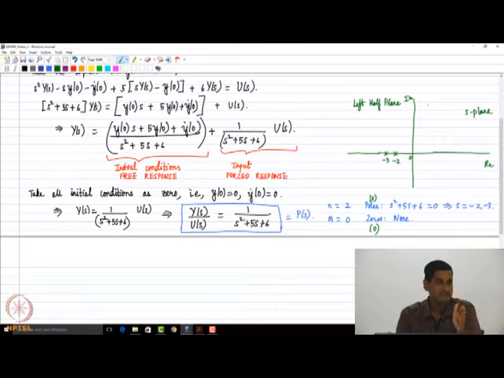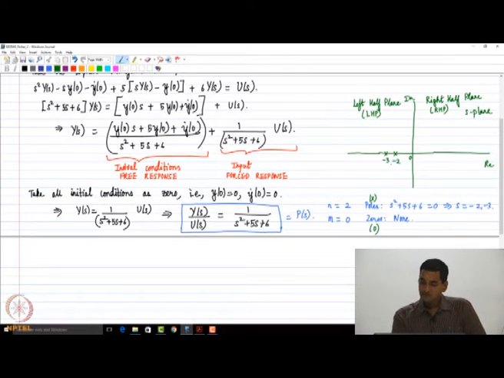Whatever is to the left is called the left half complex plane, abbreviated as LHP, and whatever is to the right is called the right half plane, abbreviated as RHP. So that's the LHP and the RHP as far as the complex plane is concerned.